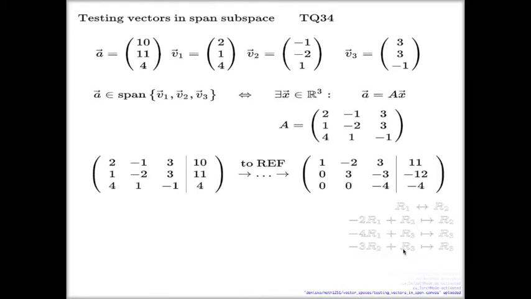In fact, I recorded here all of the elementary row operations which I needed to achieve this row echelon form. You can double check if you wish. So first you need to swap row 1 and row 2, then you have to do this transformation, this and this. These 4 transformations are hidden by these dots.